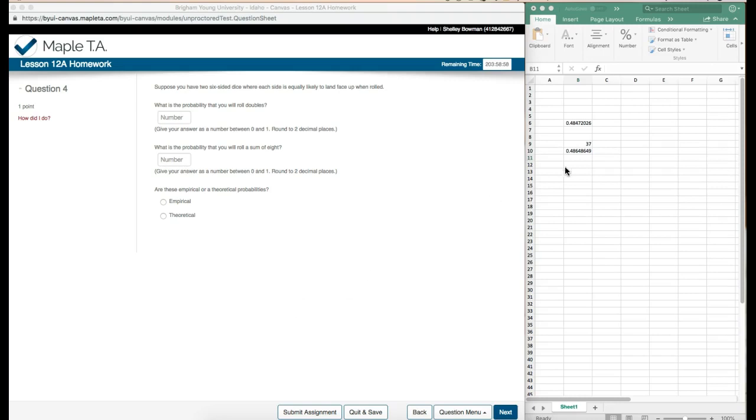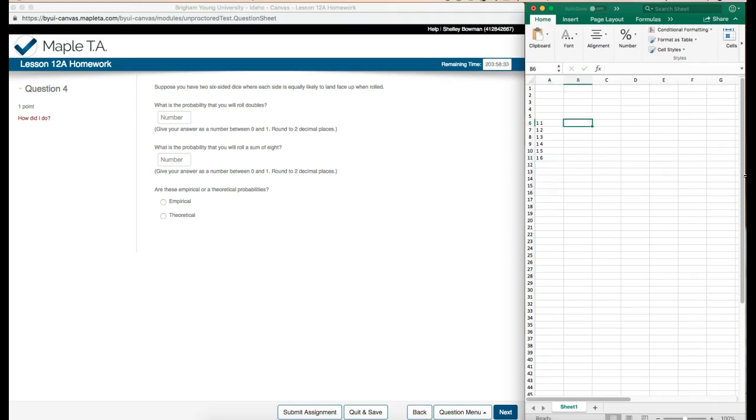The first thing I want to do is find my sample space. Since I have two dice, I can get the roll 1, 1. I can get the roll 1, 2. I can get a roll 1 and 3, 1 and 4, 1 and 5, and 1 and 6.